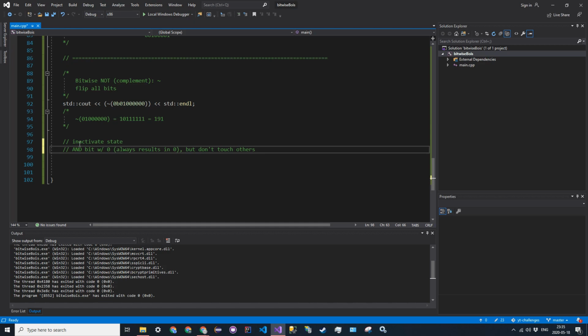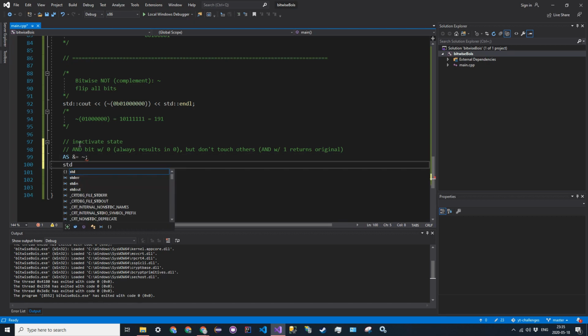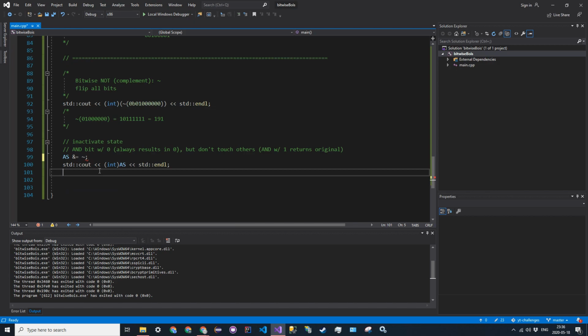And the way you do that, as I talked about earlier, is if you AND it with 1, which returns the original. So what we want to do here is say AS bitwise AND equals, and then we're going to take the complement of something. Don't know yet, but it'll be something, and then we're going to std::cout the integer AS.